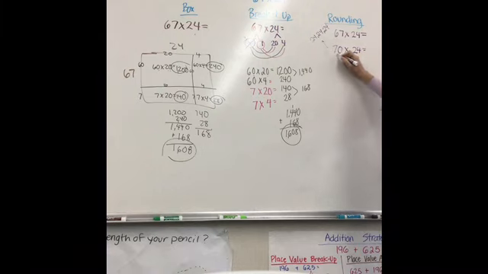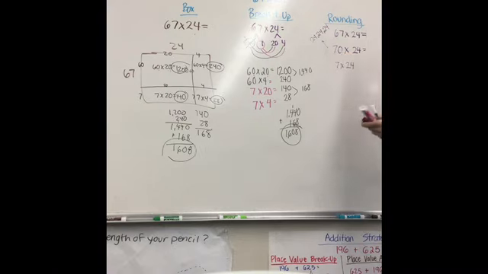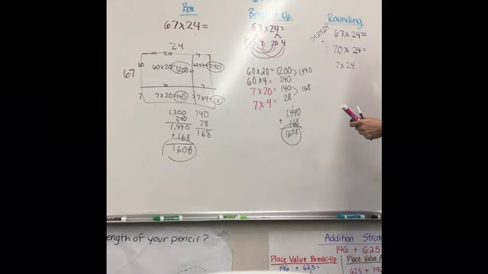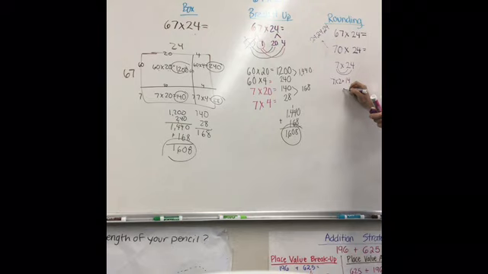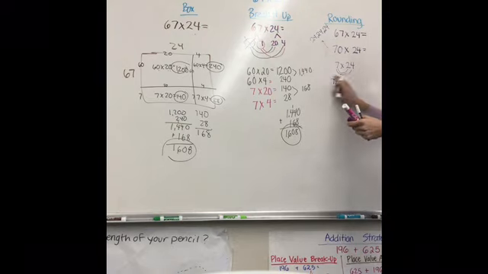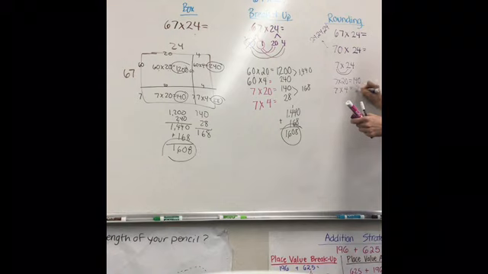Well, let's see. 70 times 24. I could do 7 times 24, and that would be, let's see, 7 times 2, that's 14. 7 times 4, sorry, no, that doesn't make sense. 7 times 20, that's 140, sorry. 7 times 4, that's 28.